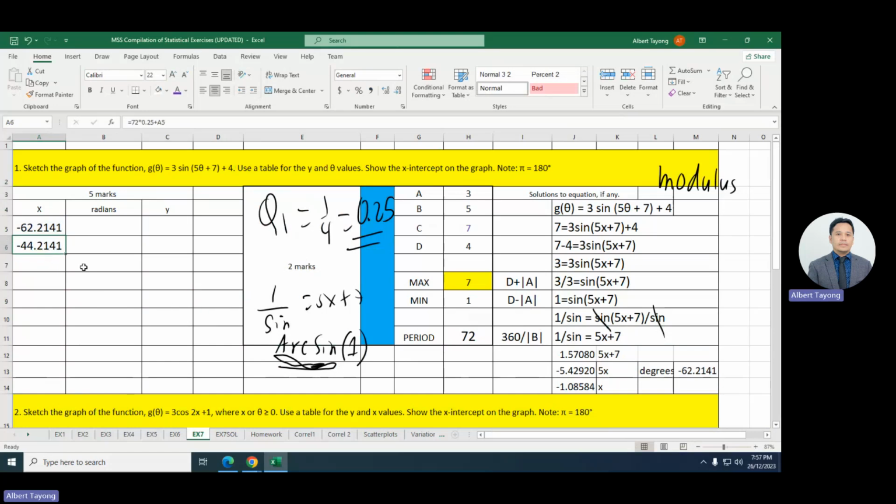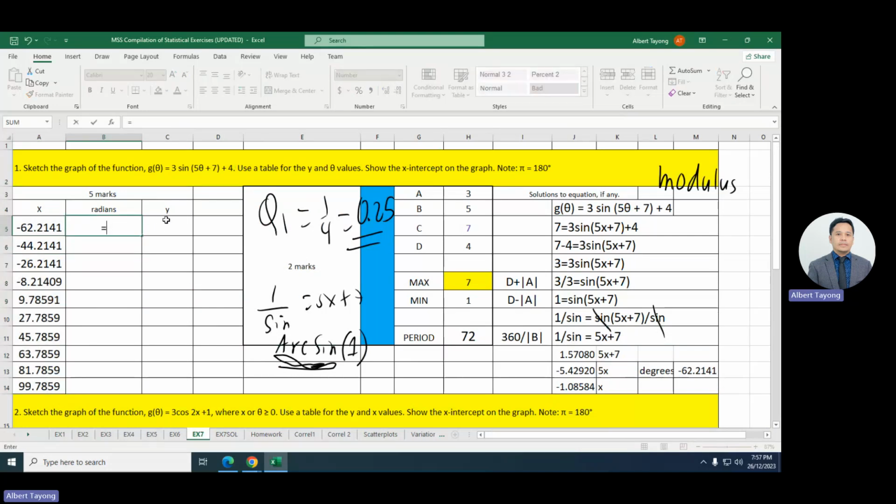Don't include the first, and drag it down. You get it? Now radians. So we have to follow this, otherwise we will have an error. Radians of this. See, equal or no? Equal, drag it down.